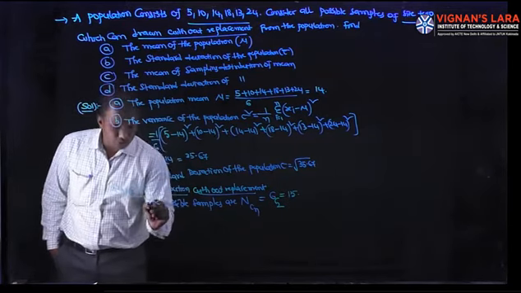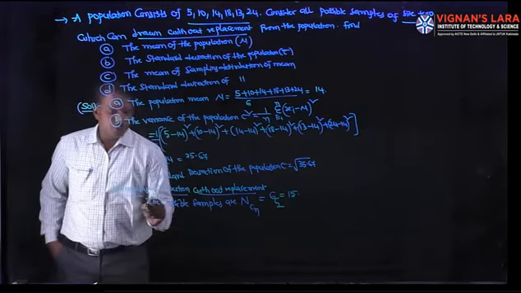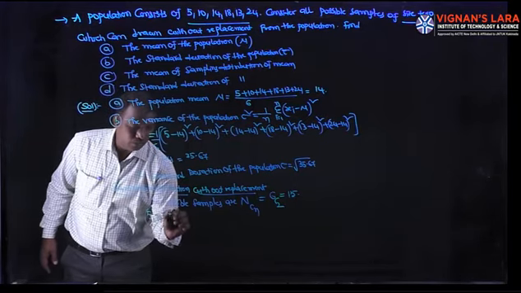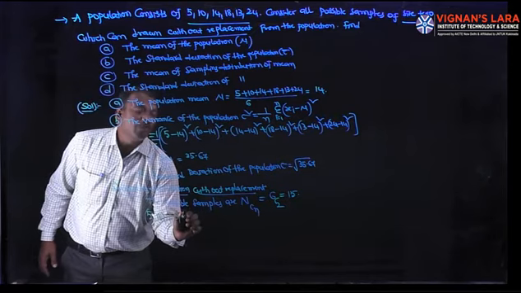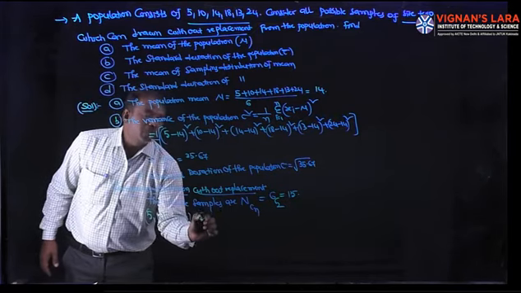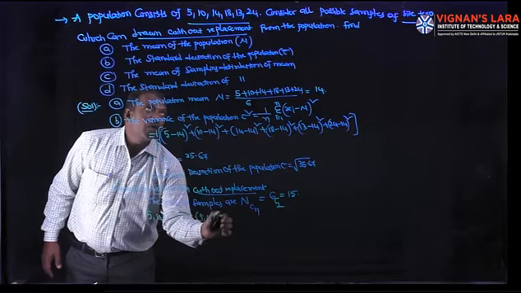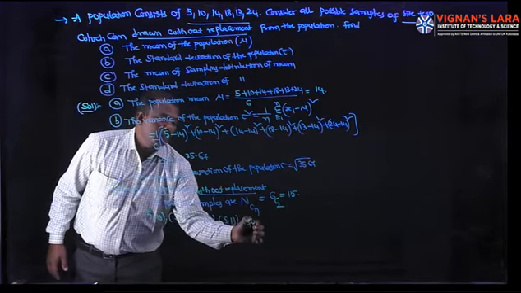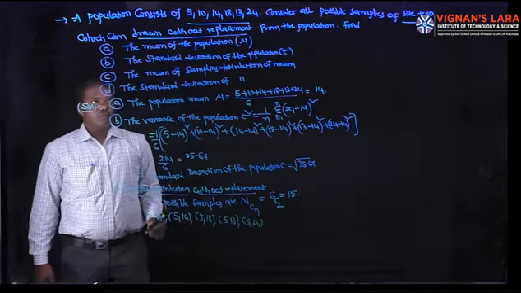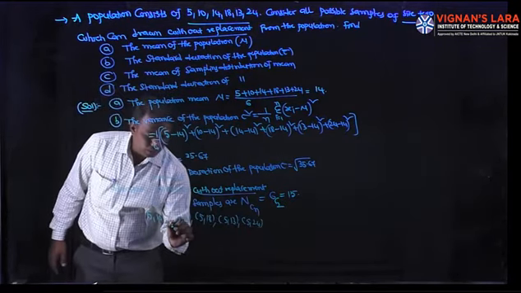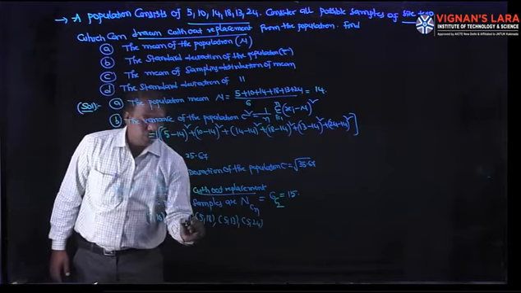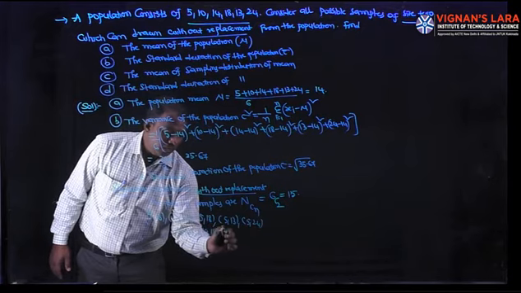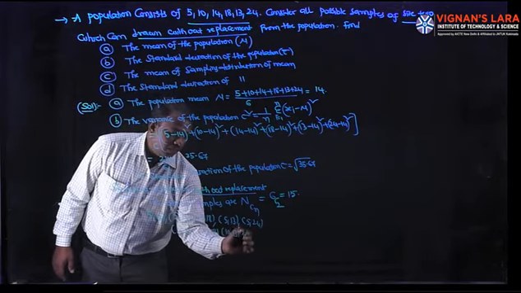So a sampling distribution is, here repetitions are not allowed. So 5 with 10, 5 with 14, 5 with 18, 5 with 13 and 5 with 24. Next, 10 with 14, not 10 comma 10, 10 with 14. Next, 10 with 18, 10 with 13 and 10 with 24.